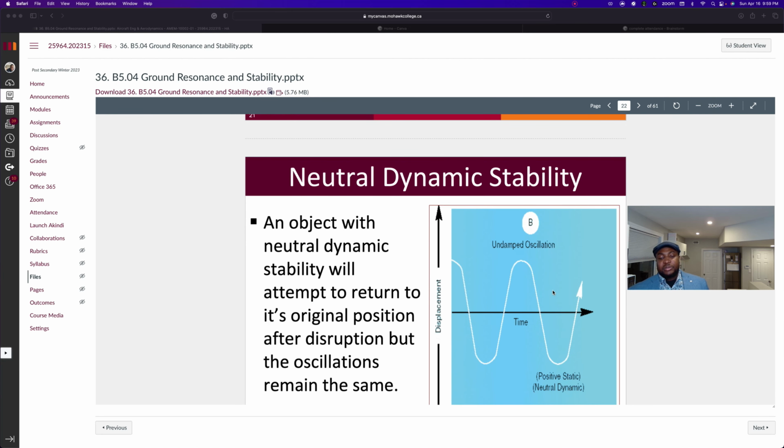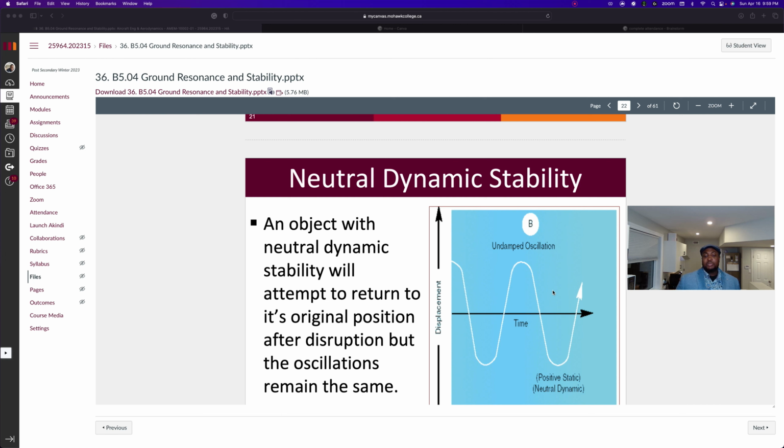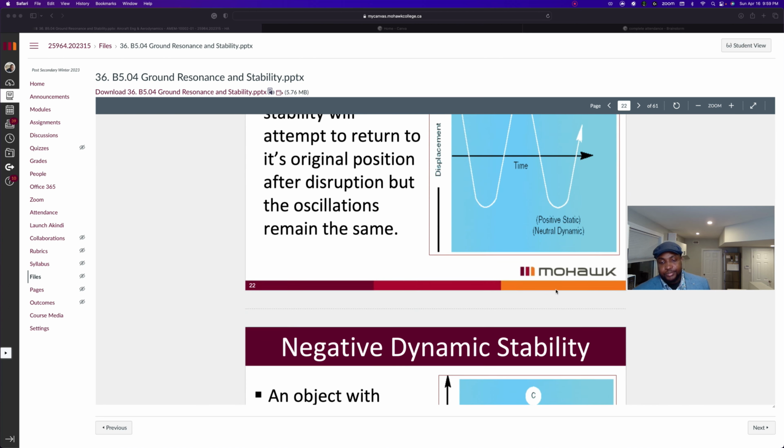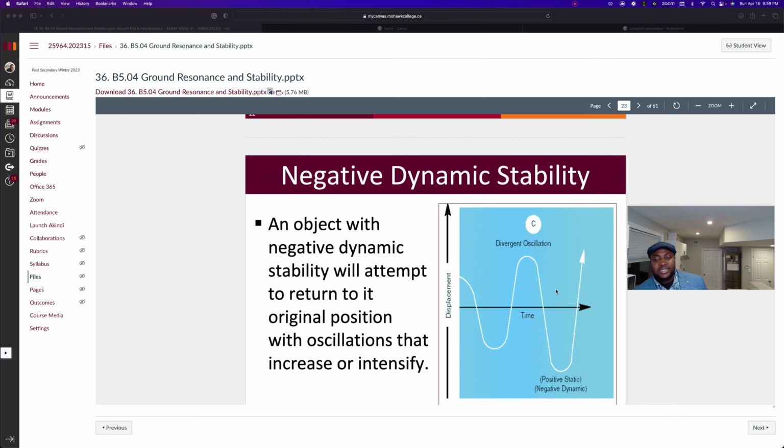Neutral dynamic stability: the system will attempt to correct, but will be unsuccessful in doing this. The oscillations neither increase nor decrease, they remain the same over time until the pilot intervenes. Negative dynamic stability refers to the increasing oscillation over time when an object is disturbed.